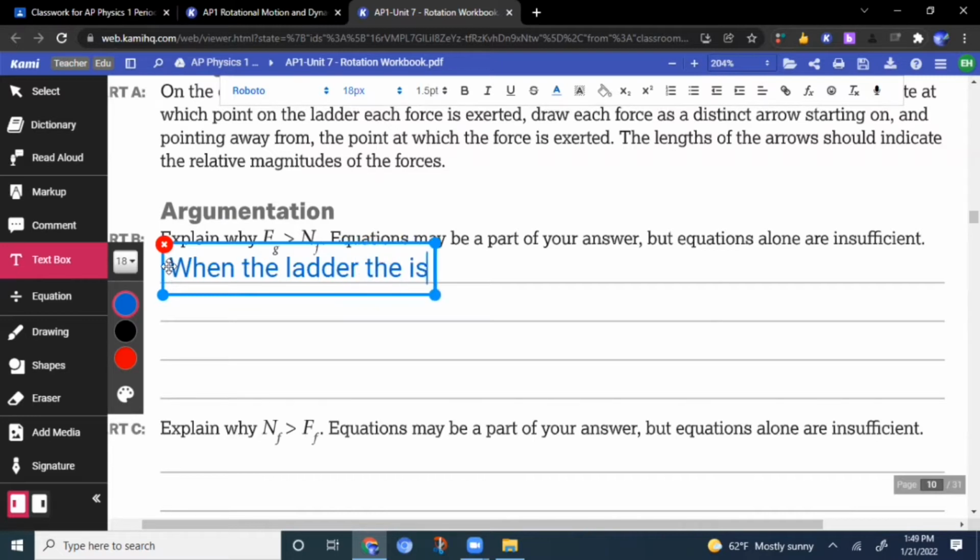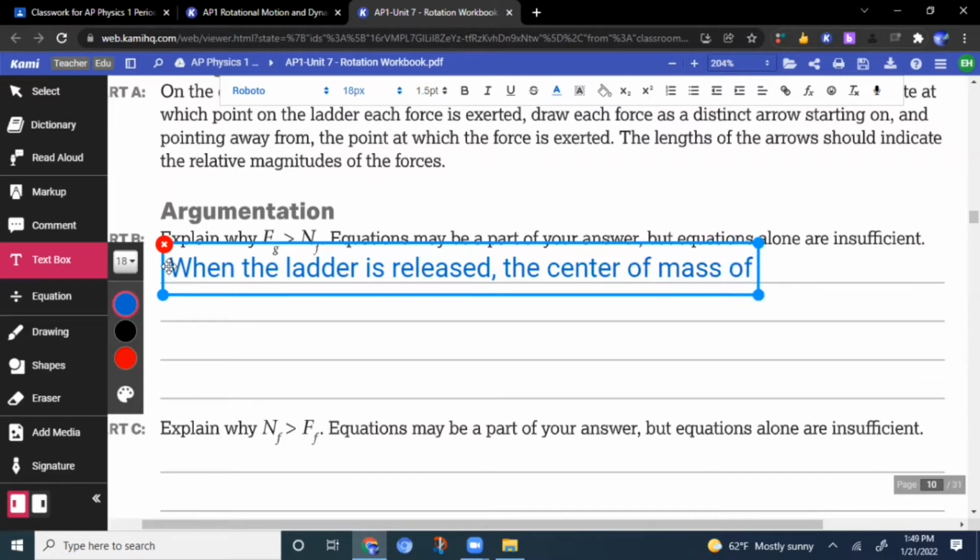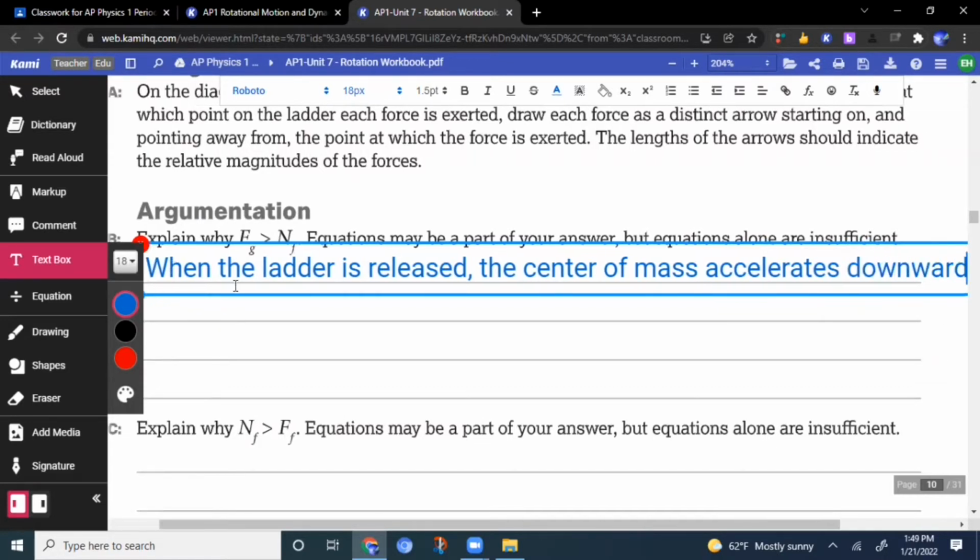When the ladder is released, the center of mass accelerates downward.